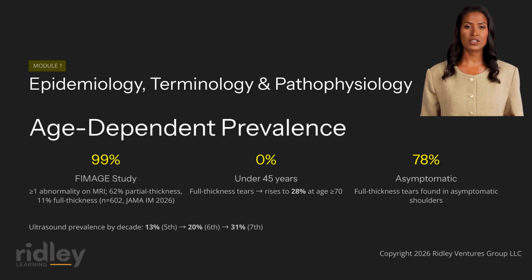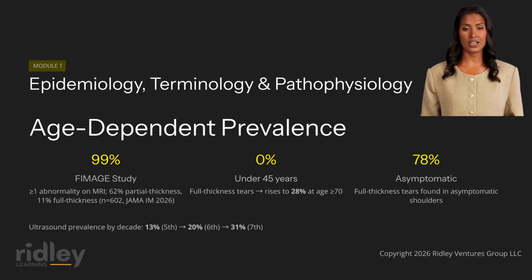In a cohort of 602 adults aged 41 to 76 years drawn from the general population, 99% had at least one rotator cuff abnormality on MRI, with 62% showing partial thickness tears and 11% showing full thickness tears. Tendinopathy was the most common finding in participants aged 40 to 54 years, while structural tendon damage, including partial thickness and full thickness tears, predominated from age 55 onward.